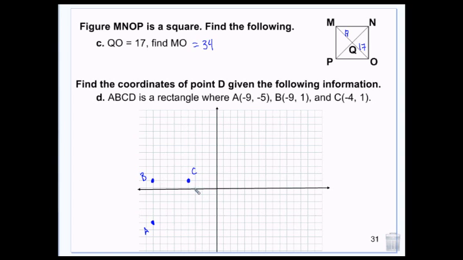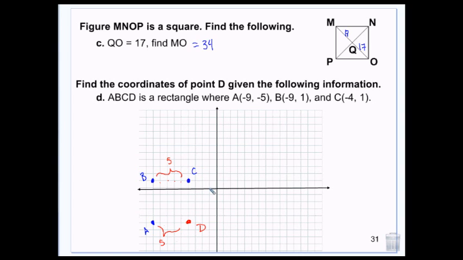And this is a rectangle, right? So this side is going to be flat and this side is going to be flat. They're parallel. So if this is 1, 2, 3, 4, 5, I go 1, 2, 3, 4, 5. Here's my missing coordinate.